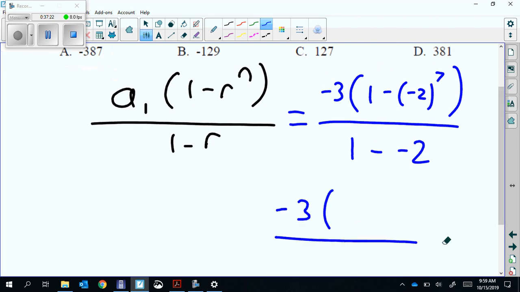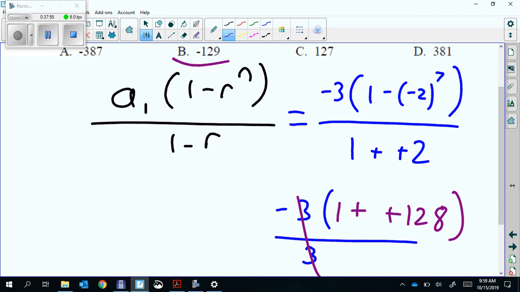Our denominator turns into plus, so that's divided by 3, which means those 3's are going to cancel out. And this is going to be 1 minus -2 to the 7th. So 1 minus -128 is 1 plus 128, which is 129 times the negative. Final answer is B.